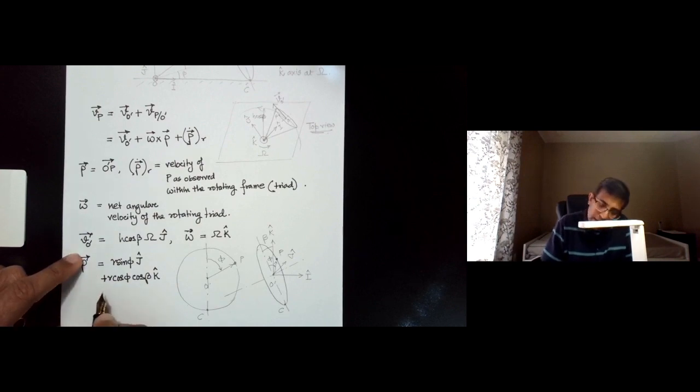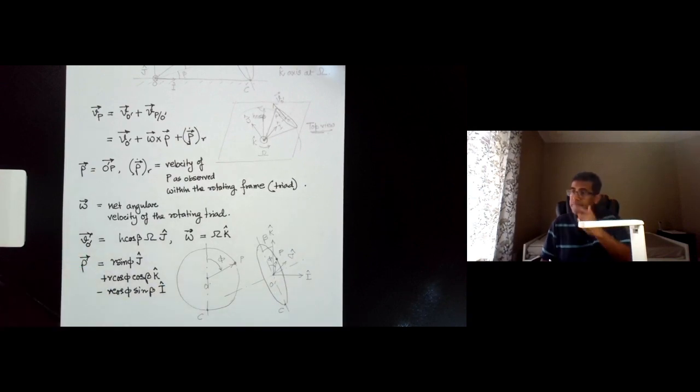And r cosine phi sine beta with a negative sign is going to resolve it along the I hat axis. So that's our vector rho.